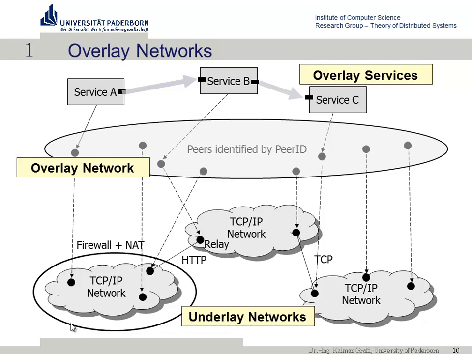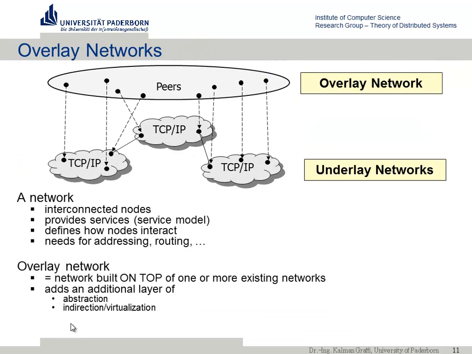We talked a lot about this advanced network and intelligence in the network, and a way to create a new network with those capabilities is typically done through overlay networks. So I want to go now into detail about overlay networks, what they are, and what kind of functionality they offer. First of all, what's a network? That's sometimes a simple question, sometimes complex. But let's assume a network is an interconnected set of nodes.